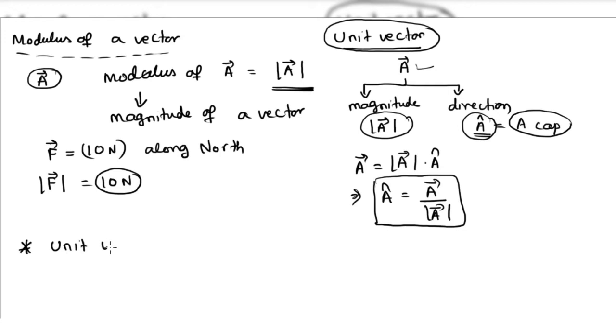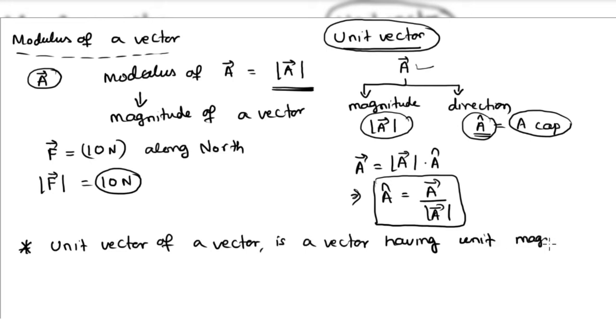So you can define unit vector like this. Unit vector of a vector is a vector. Means unit vector is also a vector having unit magnitude. Having unit magnitude means the magnitude of unit vector is 1.